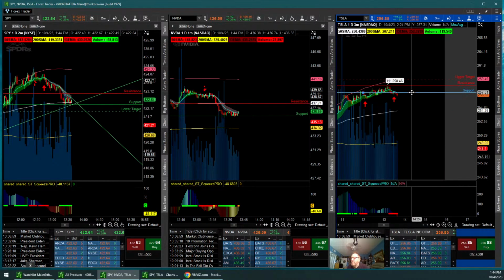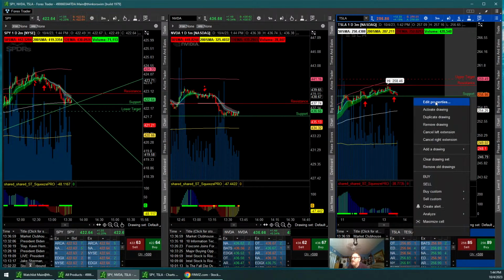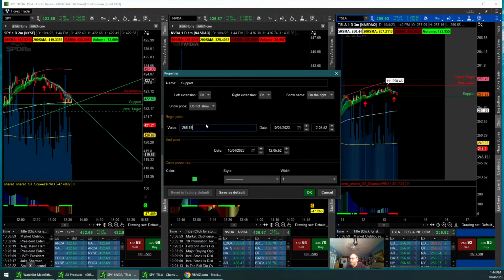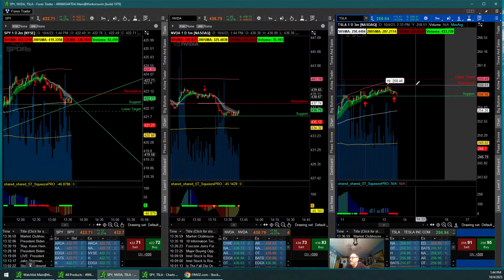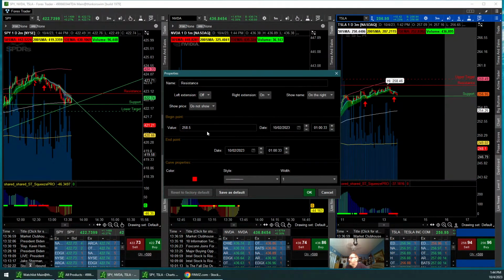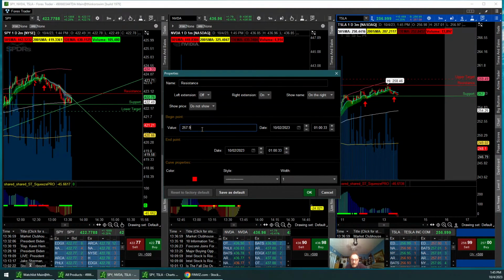I really need to go off my support right now, which is about 256.70, which would make the top 257.95. Let's say 257 and 95 cents. Do I got that right?